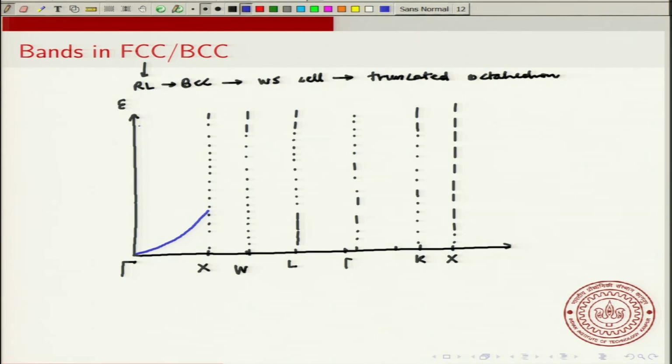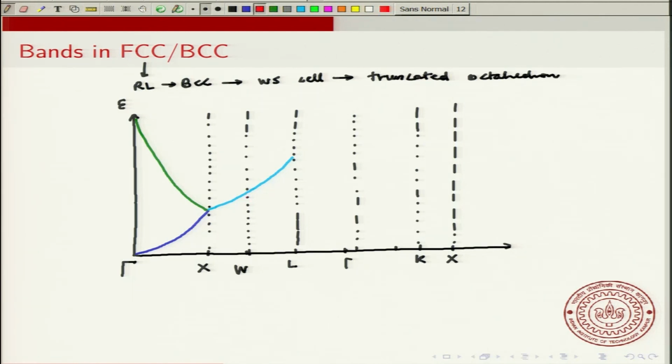For example, it might intersect a band that makes it go like this. Now, there could be another band that goes from X to W, and that might go, say, this way.